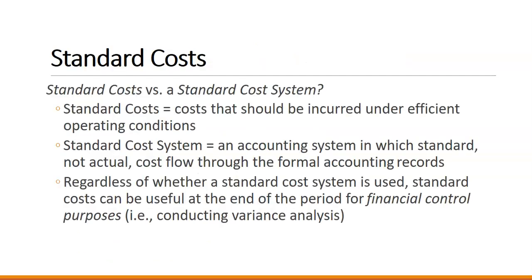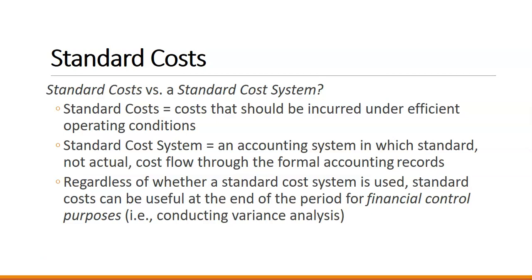So how do we develop those standards? The standards that we develop are what our costs would be under efficient and normal operating standards. So we develop a standard cost system. The standard costs, not the actual costs, are what flow through our formal accounting records.